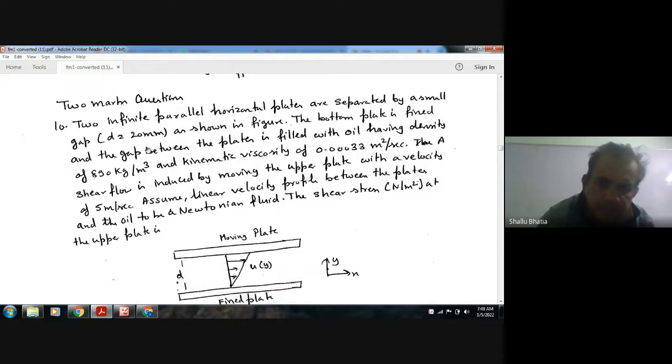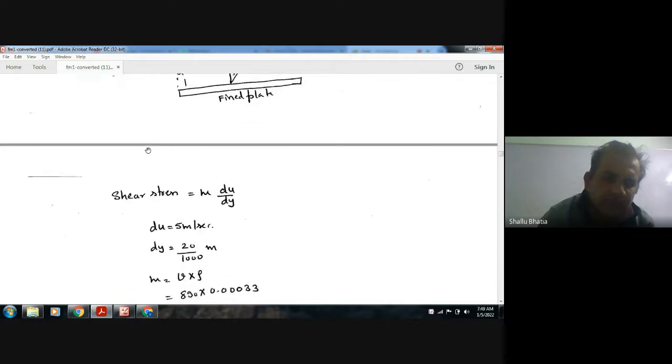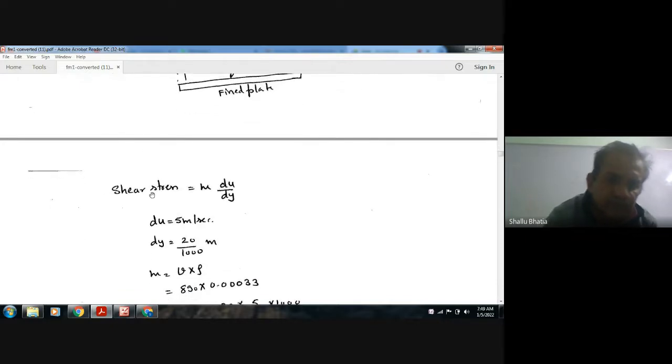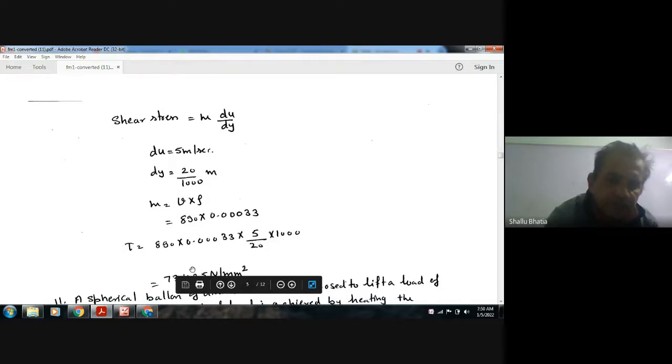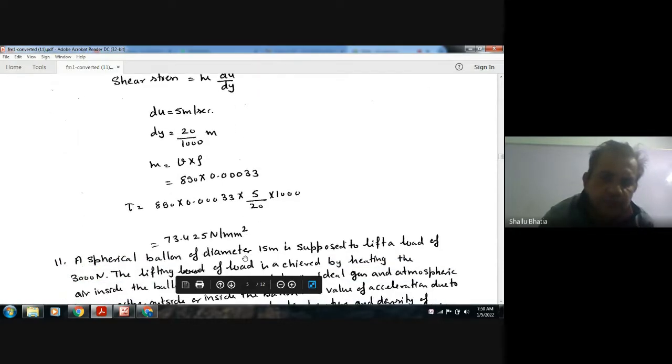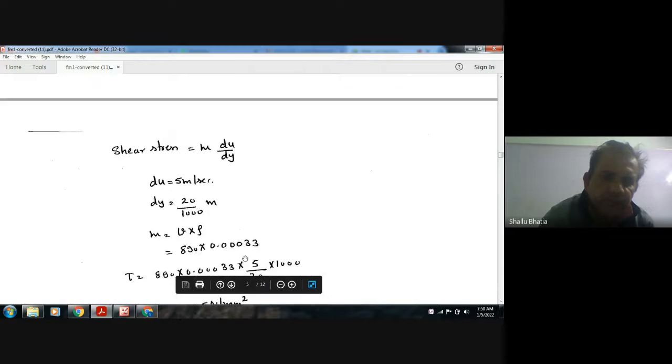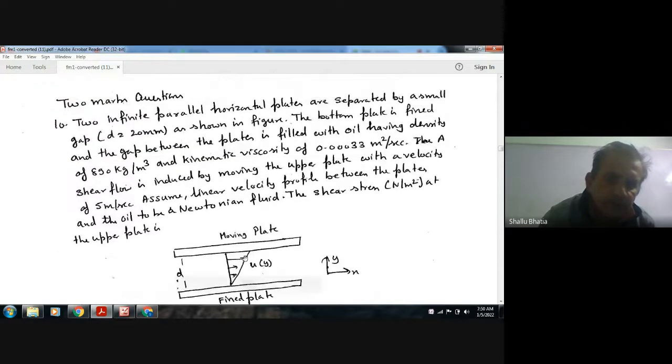Now this is a simple application. Shear stress is mu du by dy, where du is 5 meter per second and dy is 20 by 1000. And mu is the dynamic viscosity, that is kinematic viscosity times density. So putting in the values, we get the shear stress as 73.425. Okay, next.